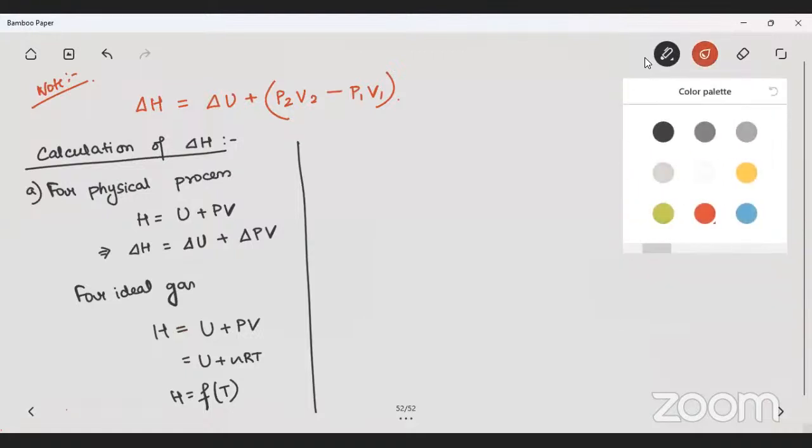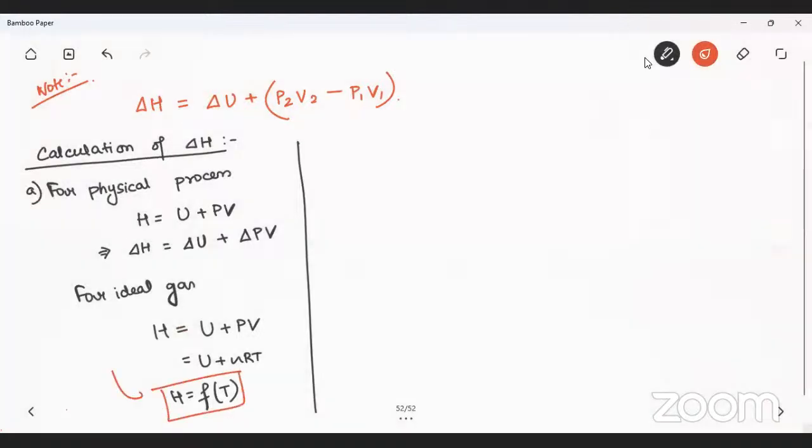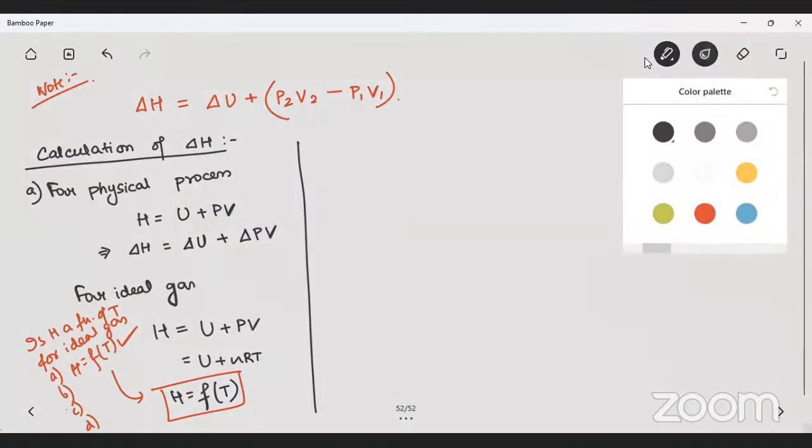In your NEET, they can ask you whether H is a function of temperature for ideal gas, and give you four options, A, B, C, D. You have to select the option H is equal to f(T). This is the correct answer. So this is a very important conclusion. For real gas and other substances, this remains the same.